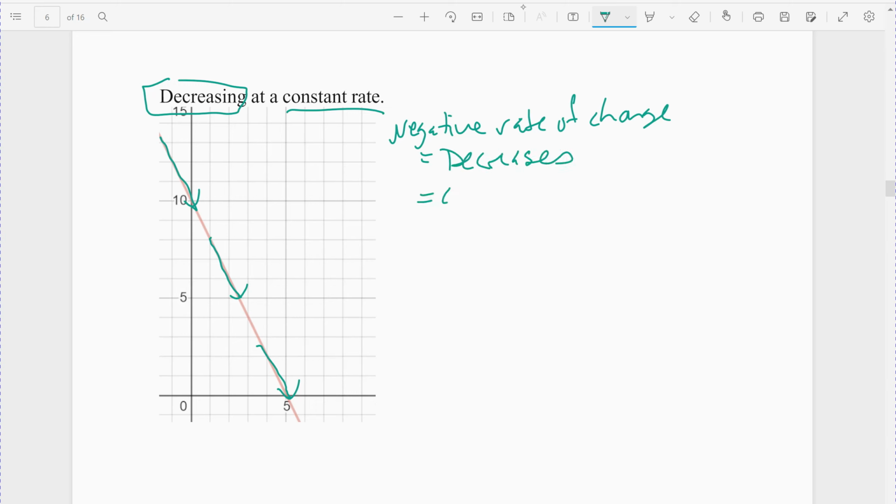And it's constant, meaning it's the same at any point on the function. No matter where I'm at, it's decreasing at the exact same speed.